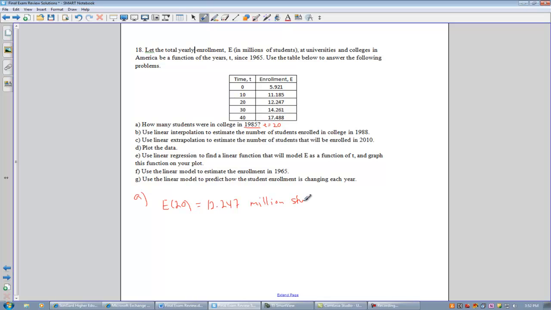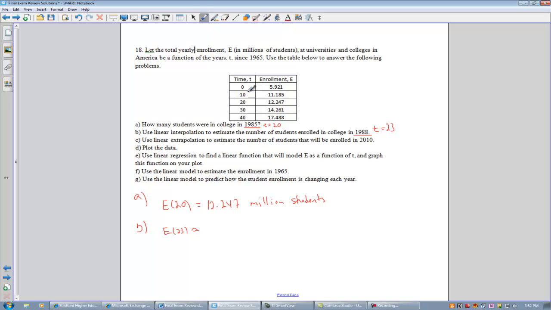Okay, then in part B, what do we have? It says use linear interpolation to estimate the number of students enrolled in college in 1988. So in 1988, this is actually T equals 23. And to figure this out, you're trying to approximate what E of 23 is.